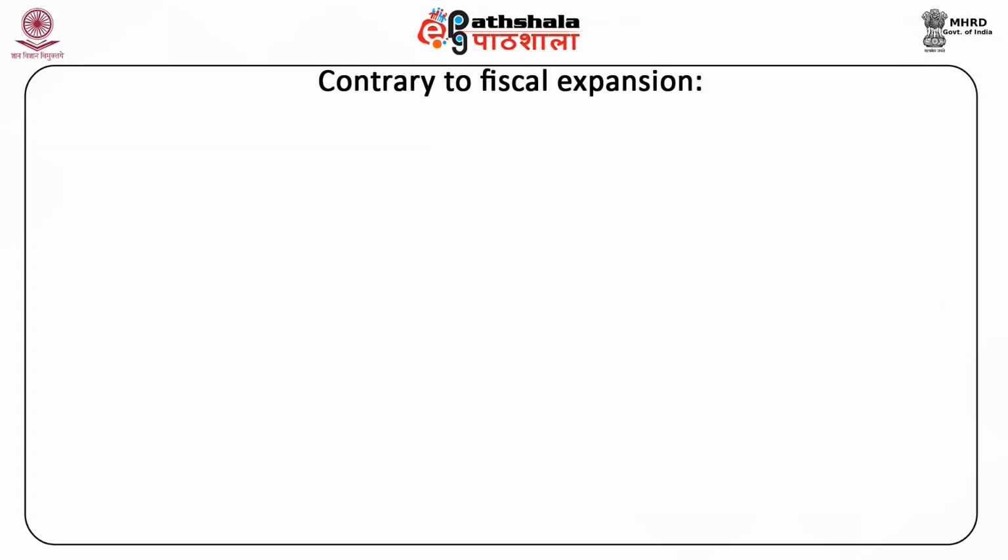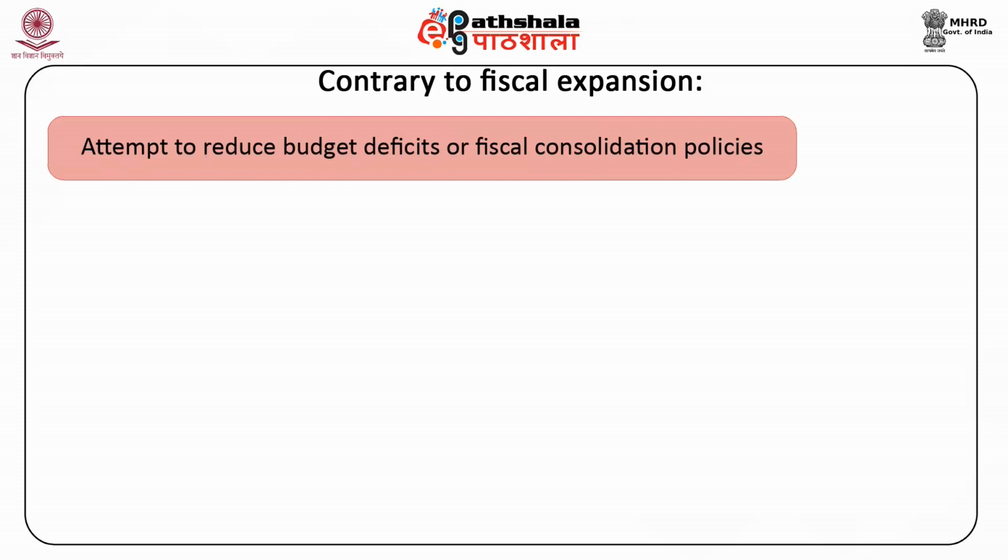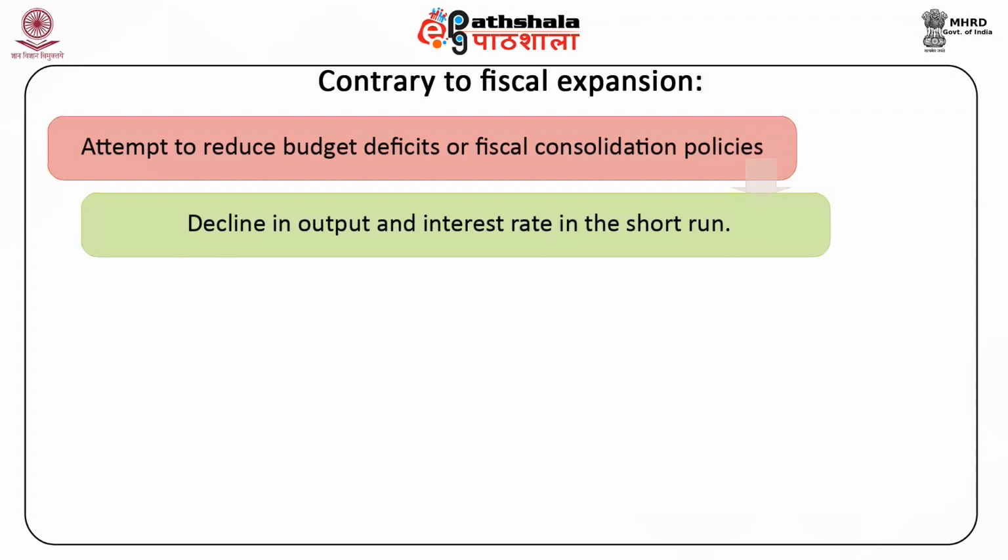Contrary to fiscal expansion, an attempt to reduce budget deficits, or fiscal consolidation policies, leads to a decline in output and interest rate in the short run.